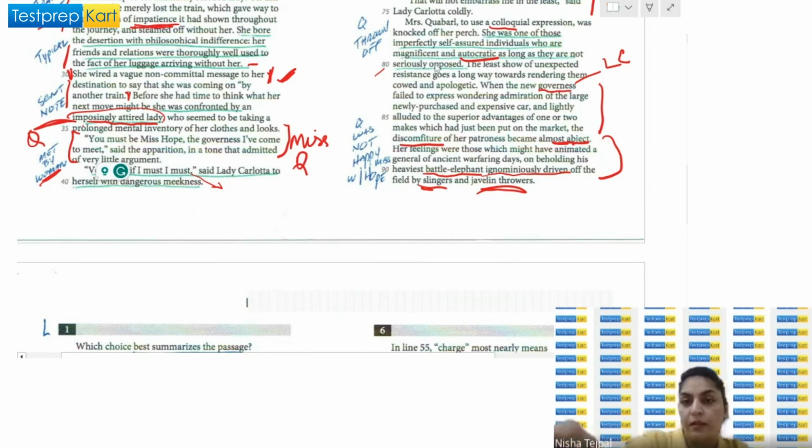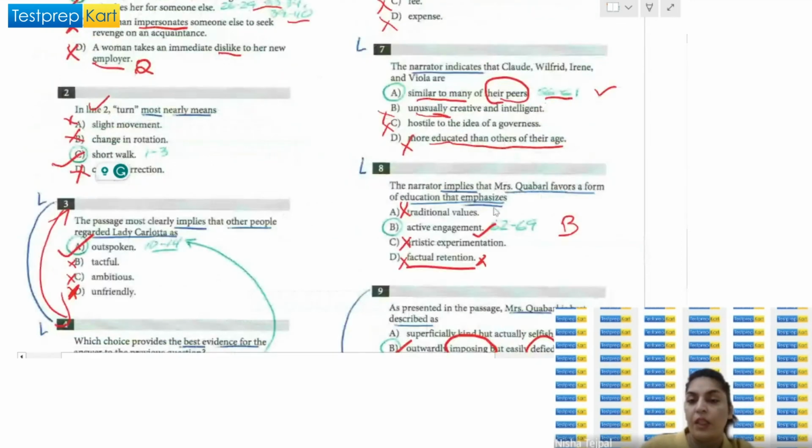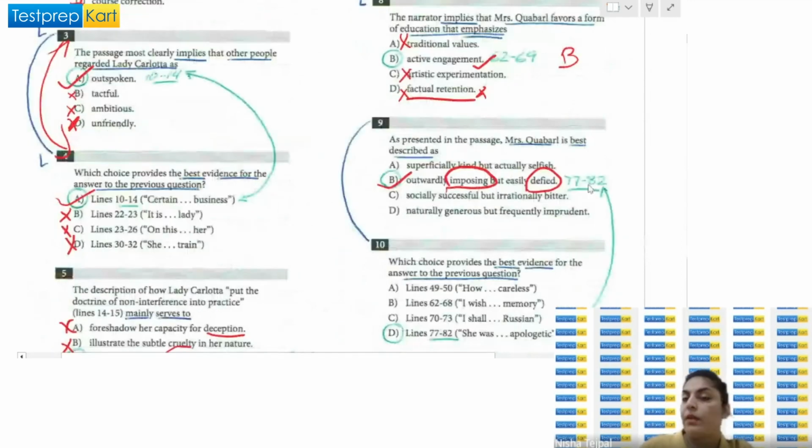And this is here. They are autocratic, they are dominating as long as they are not seriously opposed. Opposed means disobeyed, means defied. So this is your second point, and this is your first point, imposing. This is how we have derived that this statement is correct for Miss Quabal's nature.